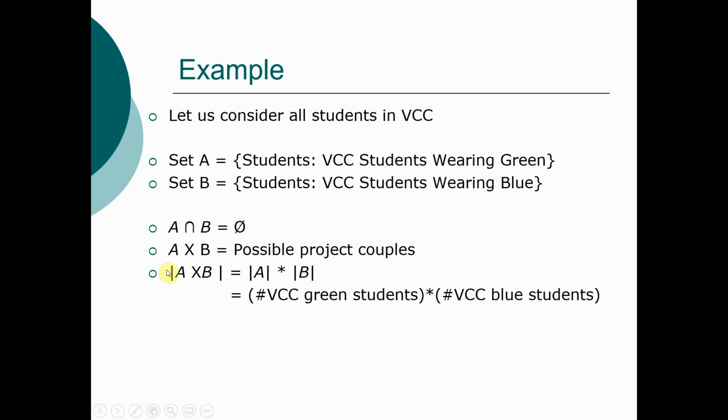So the number of couples that we can have is going to be the multiplication of the number of elements in A by the number of elements in B.